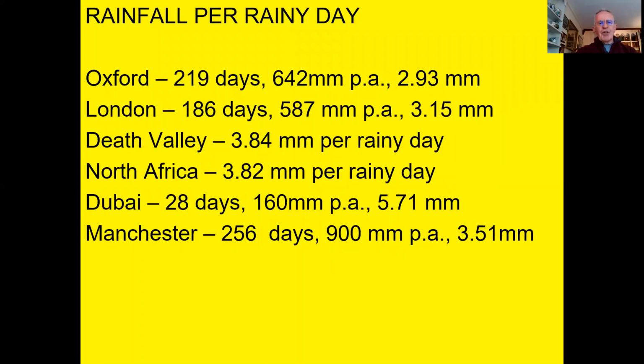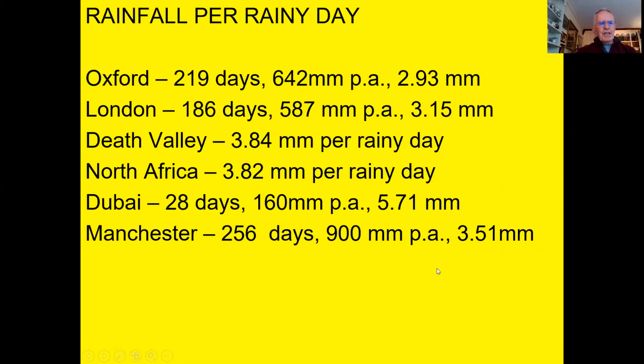Now, I said that you get occasional rainy days in deserts, and indeed you can get tens and hundreds of millimeters per day of rainfall on occasions. But actually, most desert rainfall does not occur as great whopping storms. It's rather more gentle than that.